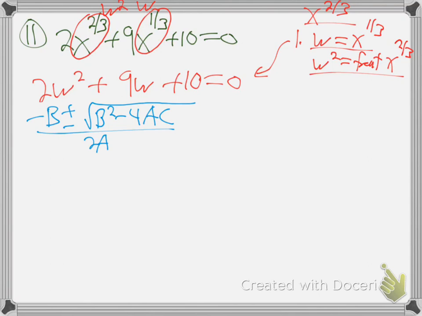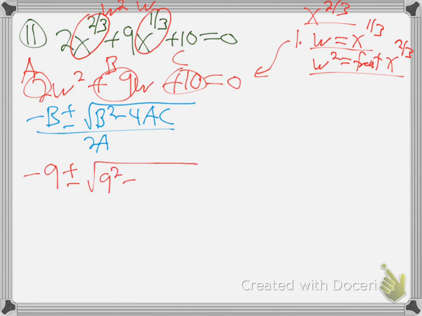So what am I going to get for this w equation? So this is a, b, and c. So negative b, negative 9, plus or minus the square root of b squared minus 4 times a times c all over 2a. All right, so what's that?